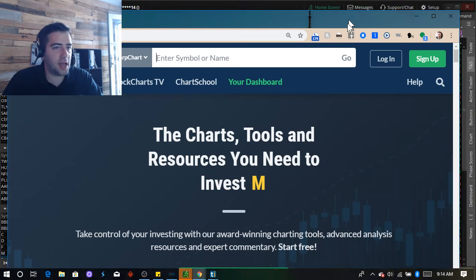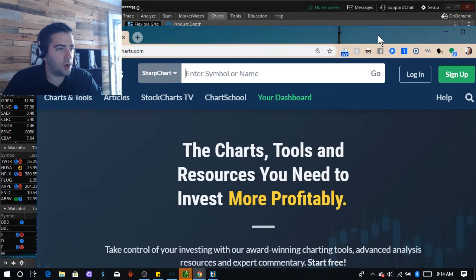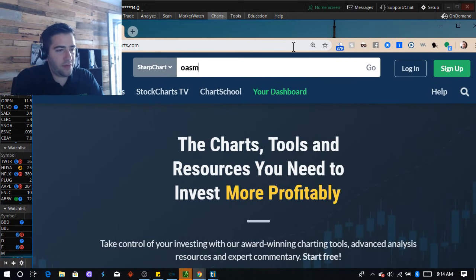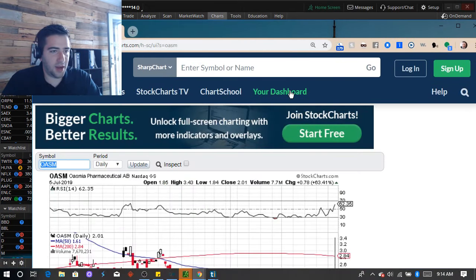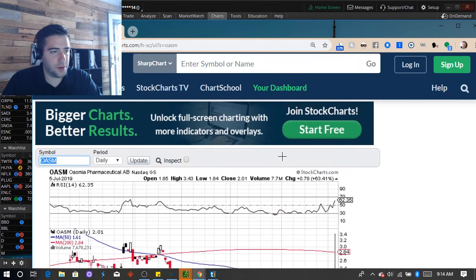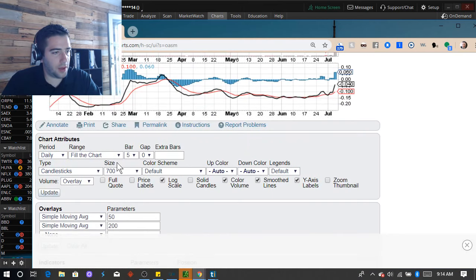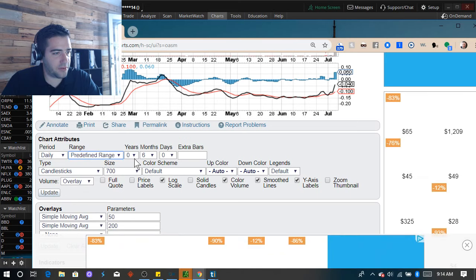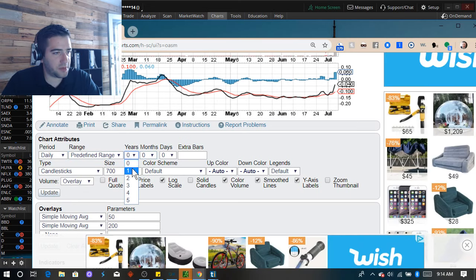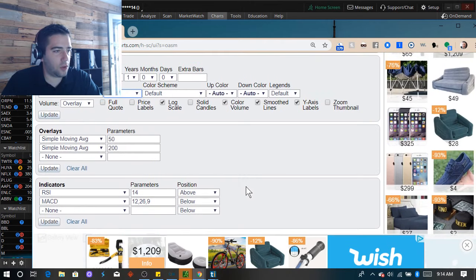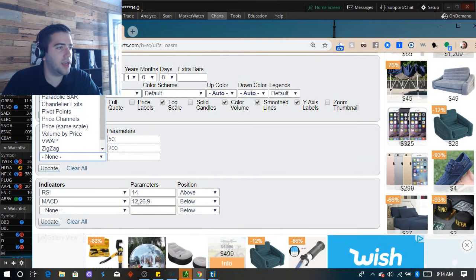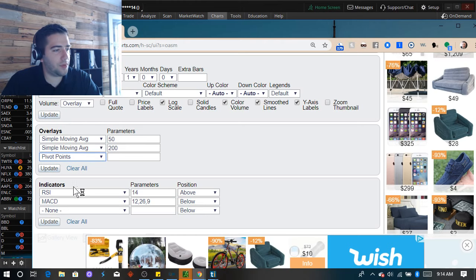This stock is here, OASM. I have a feeling this is going to dump at the gate. I really do. I have to change this from predefined range, from 6 months to a year. That will help you find how close it is to the 52-week high, which is an essential breakout point, and pivot points update.